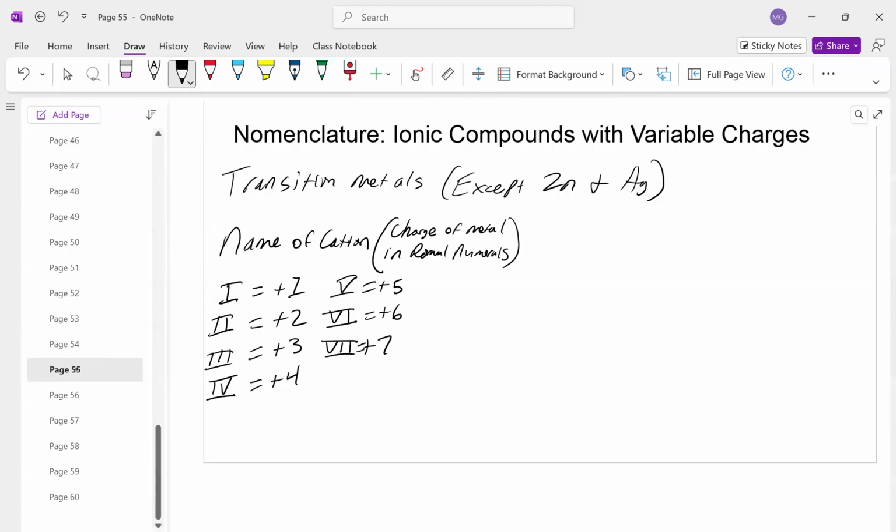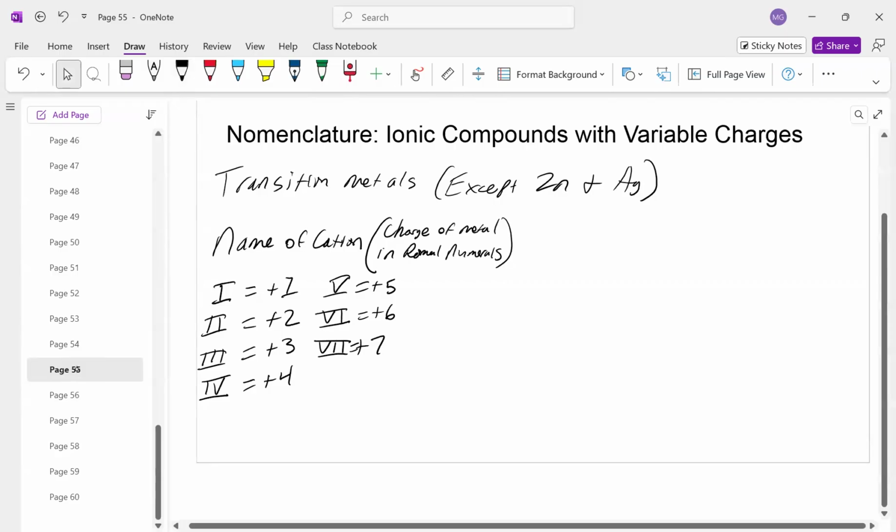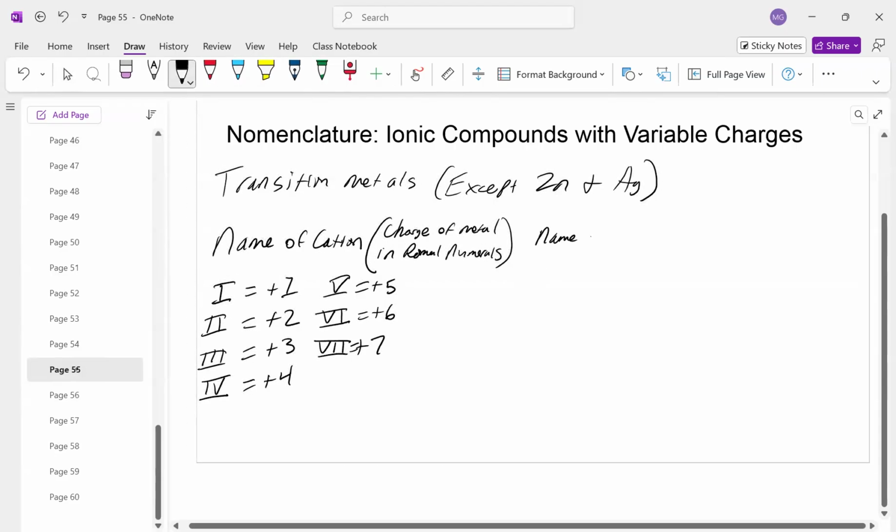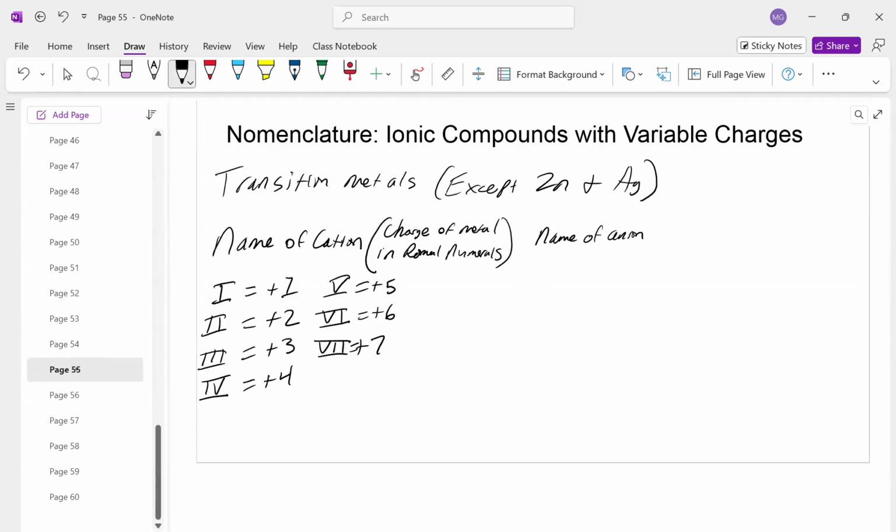It generally doesn't go any higher than that, so that's where we'll stop with the Roman numerals. And then we name the anion just as normal, with an -ide ending.